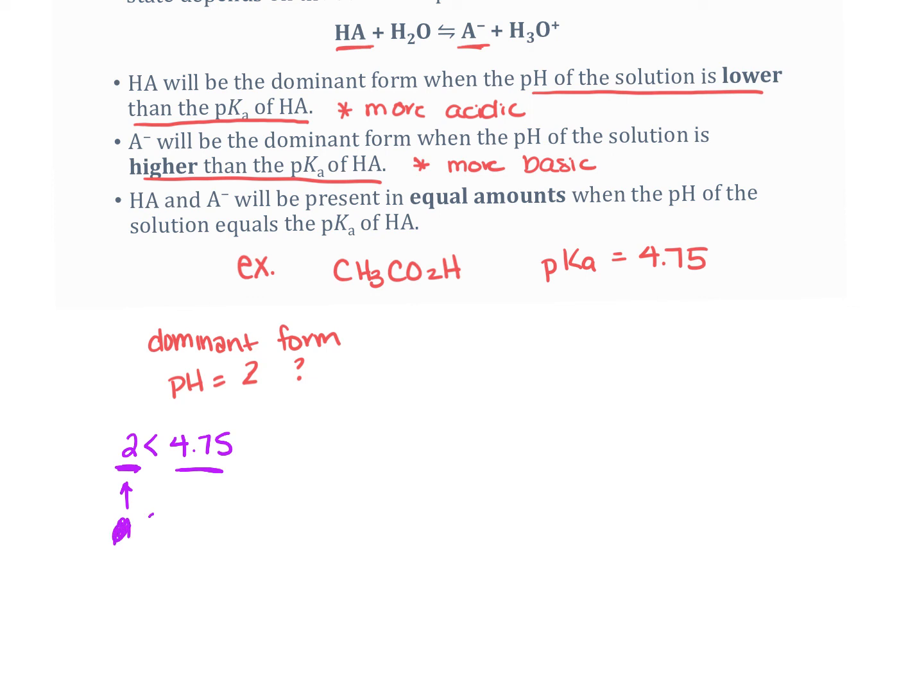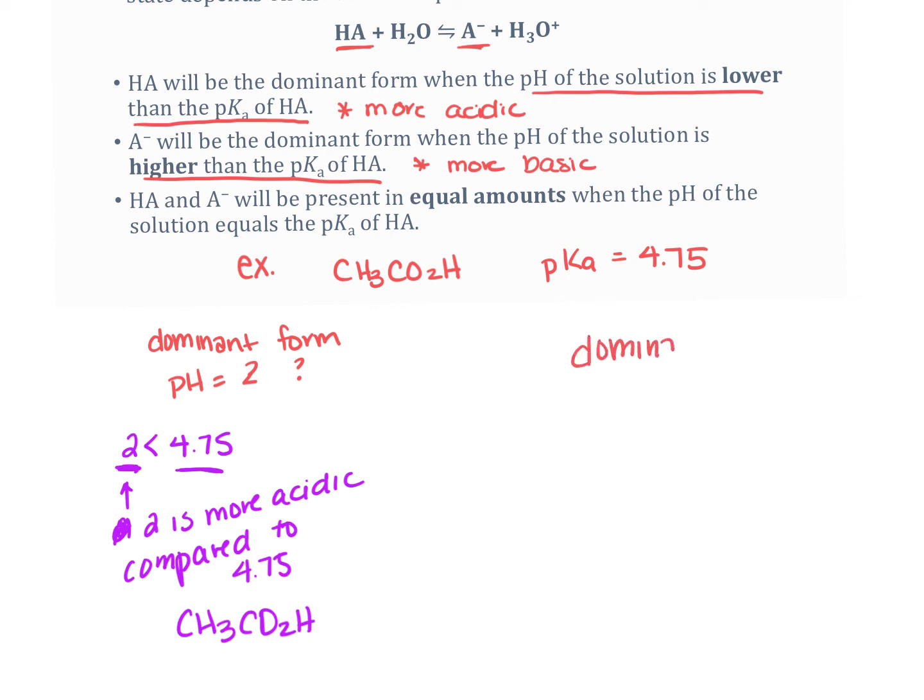So 2 is more acidic compared to 4.75. And so that means that more acidic form, the one with the proton, will be present. And so that's CH3CO2H.